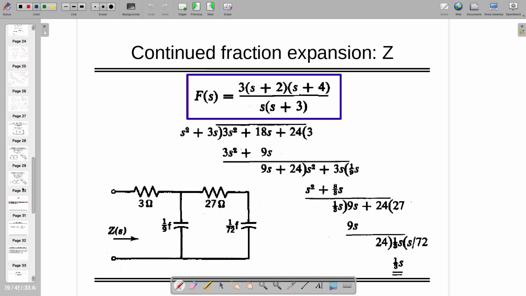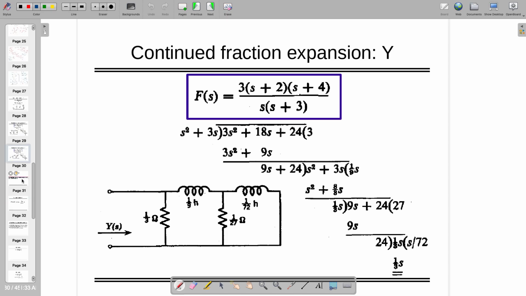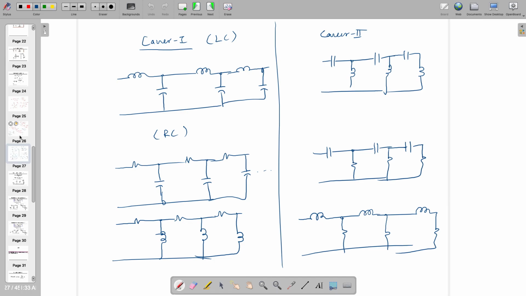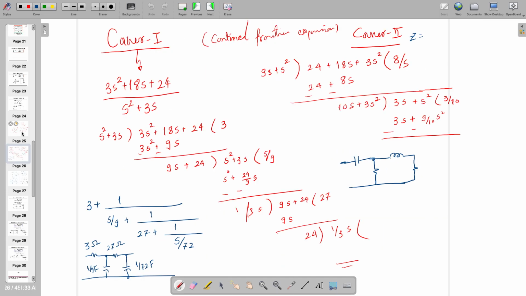So this is the answer for Pawan and Vaishali, and this is the answer for Swarna. We have not solved actually what we have. This is correct. What Swarna has found out must be correct. Starting with the capacitor, right? You got the capacitor as the first entry. So that's correct. What has been done in the Franklin Core book is a different thing.